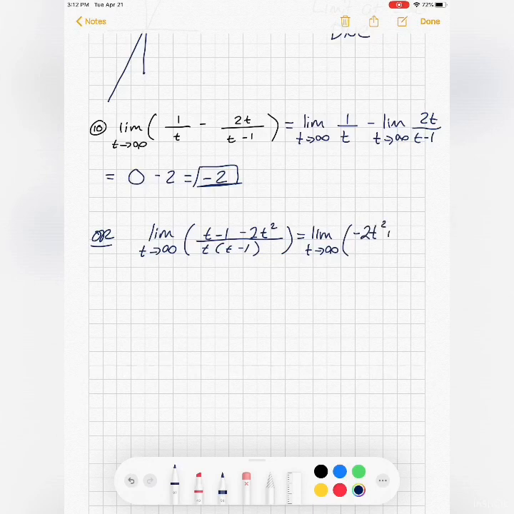Okay, so what is that? Negative 2 t squared plus t minus 1. Okay, then I can see, look at the leading terms.